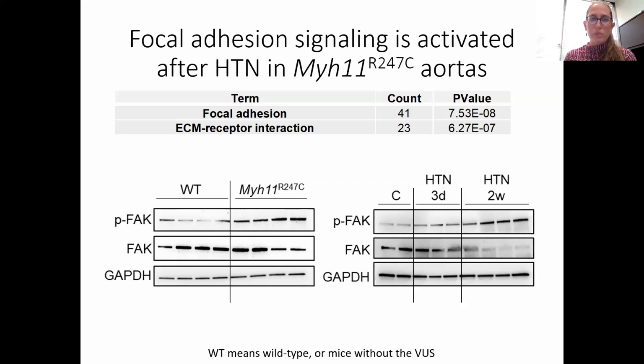So these are the mice with the VUS at baseline here. And you can see there's more activated focal adhesions, more PFAK in the mice with the VUS compared with the wild type mice. Over here, I'm looking at just the mice with the VUS. This is at baseline and then over the course of the 2 weeks critical window of hypertension. And we see that the PFAK or activated focal adhesions are increasing over that time frame.